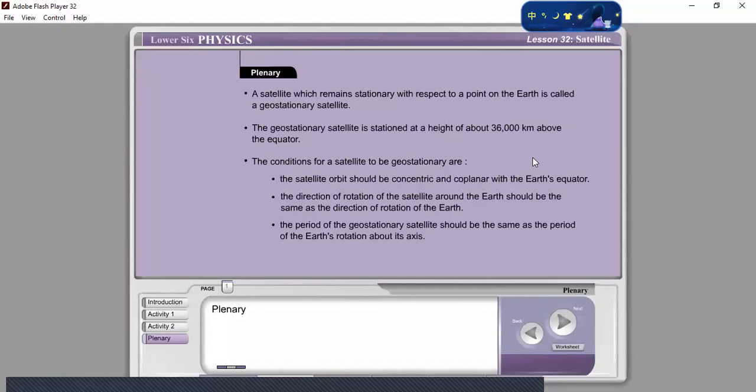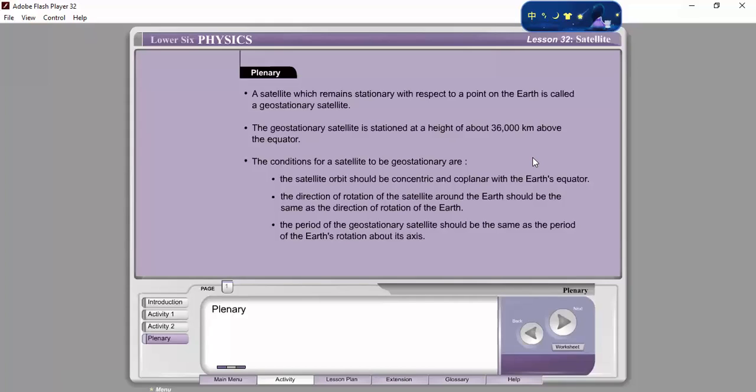Second, the direction of rotation of the satellite around the Earth should be the same as the direction of rotation of the Earth. Third, the period of the geostationary satellite should be the same as the period of the Earth's rotation about its axis.